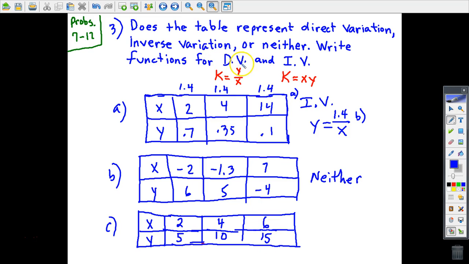So I've discovered that this table C represents direct variation. And the k number that I came up with, the number that was the same result of the division every time, 5 over 2. So in direct variation form, it's y equals k times x. So that would be my answer for letter C.